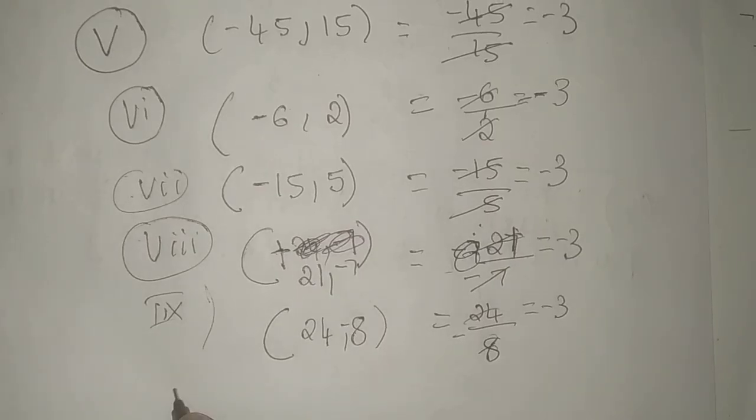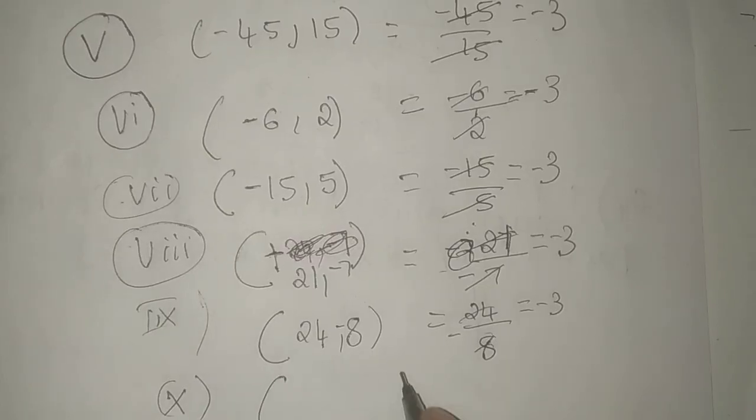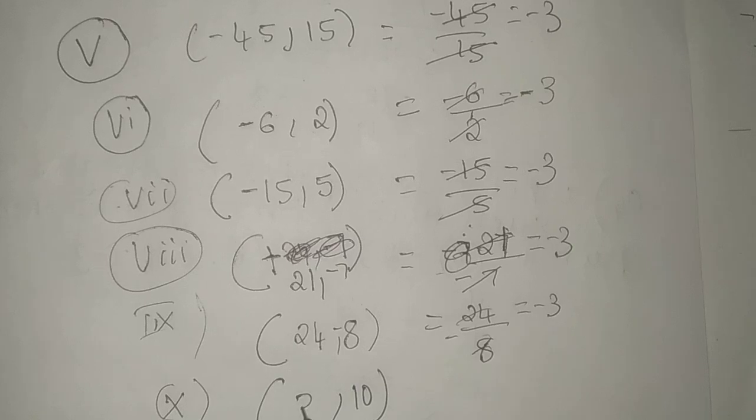Now the 10th also we'll take, the last one we'll write. 10 threes is how much? 30.